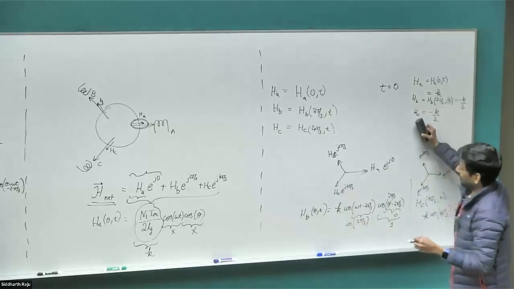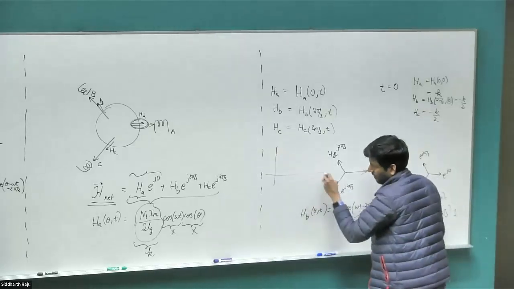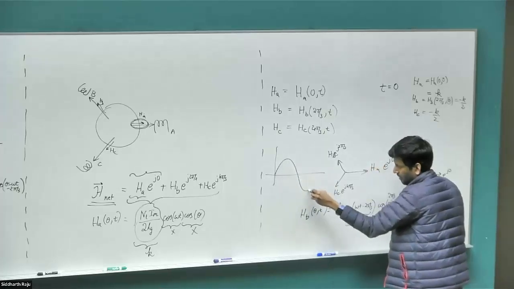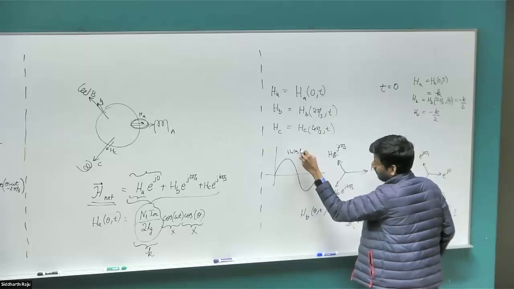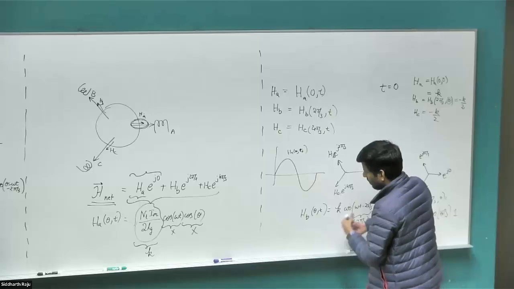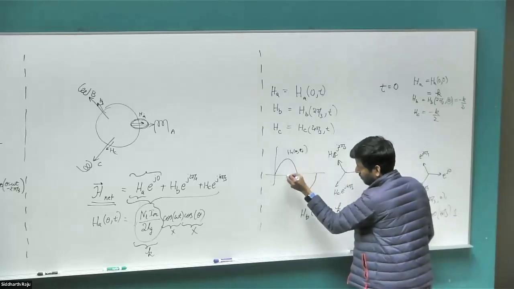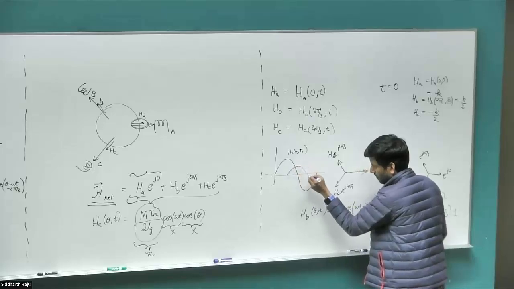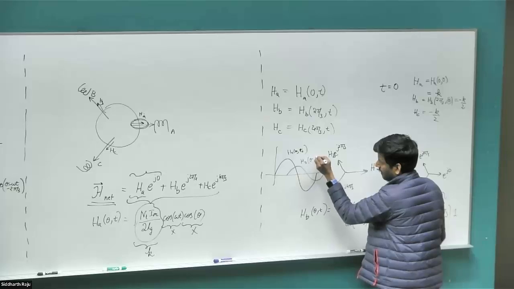So what are these values actually indicating? These indicate, when I drew the H field in the air gap, this was the H field in the air gap for A phase, HA of theta at one particular time T naught. And then for B phase, it would have been phase shifted by 120 degrees, but the magnitude will also be slightly lower. Because this was HB of theta comma T naught.